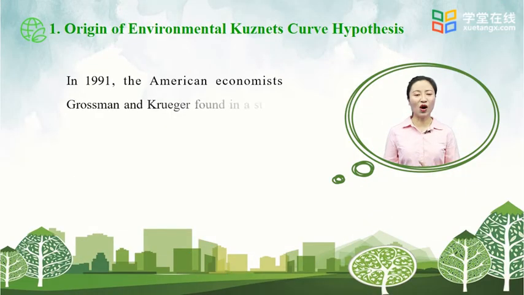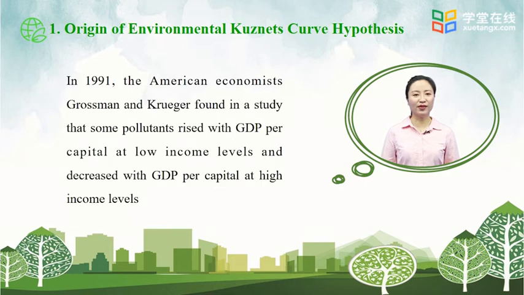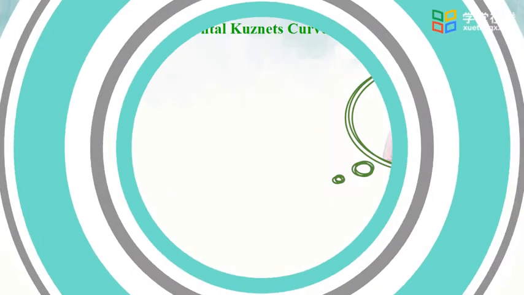In 1991, the American economists Grossman and Krueger found in a study that pollutants rose with the GDP per capita at low income levels and decreased with the GDP per capita at high income levels. But they didn't study the phenomenon further since they were immersed in the study of North American free trade negotiation at that time.